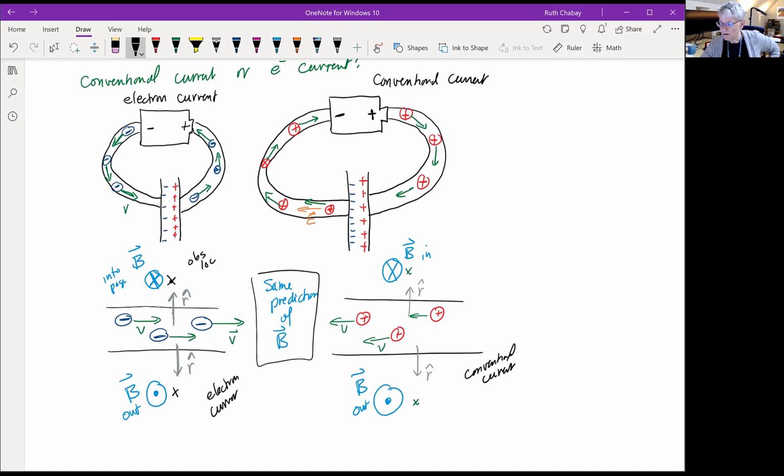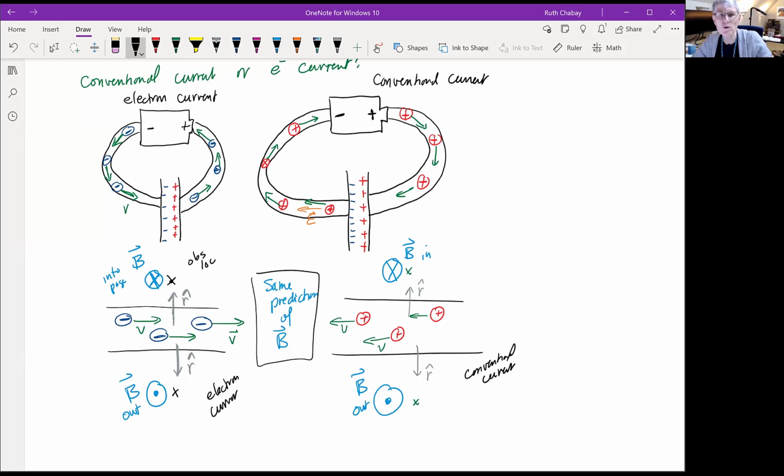And so one consequence is we can't use the magnetic field to tell us whether the moving charges are positive or negative. We have to do a different experiment. And the second is that if we're just trying to predict the magnetic field made by a current carrying wire, it's simpler to work with conventional current because we don't have to worry about the sign of the charges and we don't have to worry about flipping the fields.